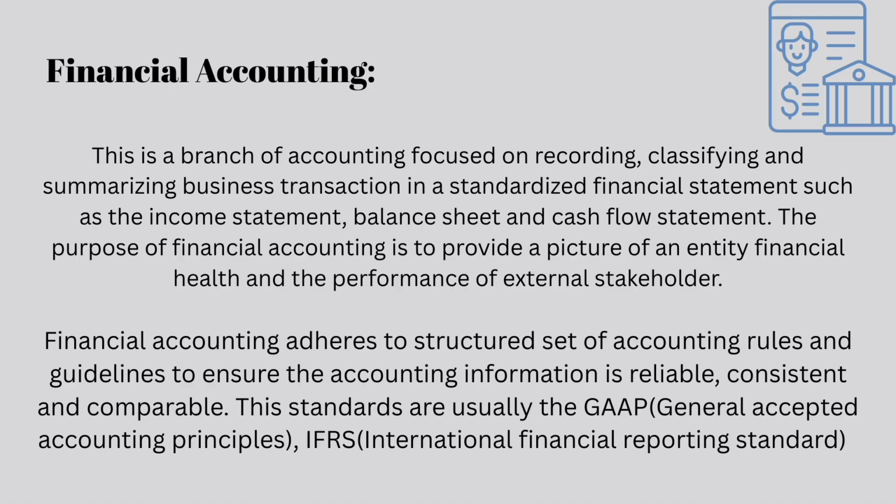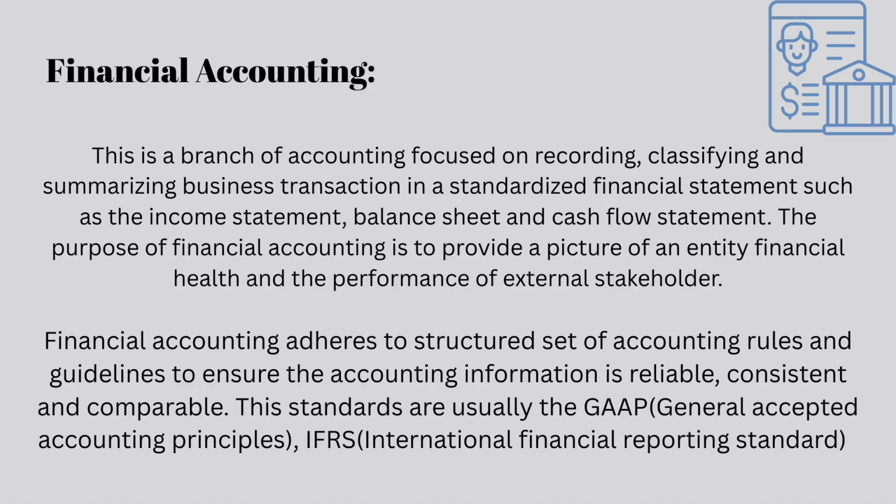Usually, financial accounting adheres to strict accounting guidelines and rules, and it might be the generally accepted accounting principles, that is the GAAP, you might have heard of it, or the International Financial Reporting Standard, IFRS.